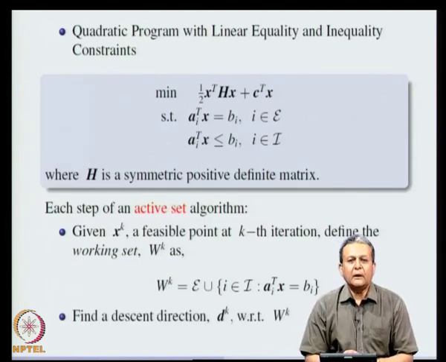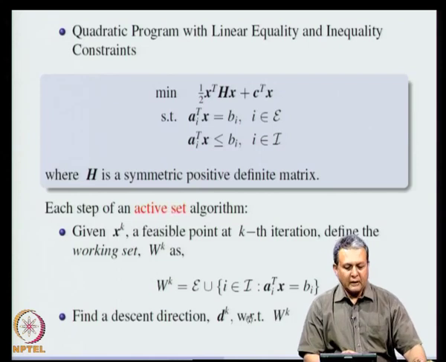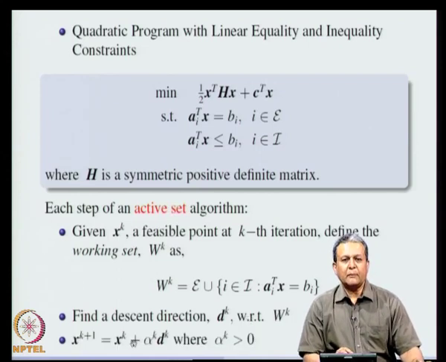Having determined Wk, the next step is to find the descent direction with respect to Wk, and then we take a step along the descent direction by determining an appropriate step length alpha k, which is a positive number.